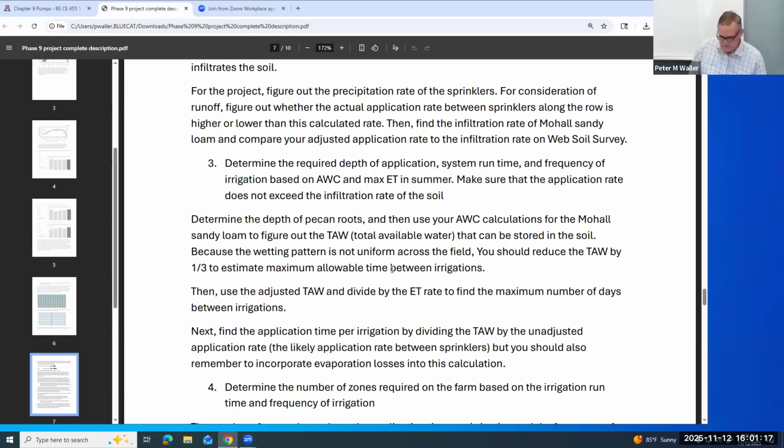So let's say your unadjusted TAW in that direction is 120 millimeters, and you're putting on 8 millimeters an hour, then you would leave your irrigation system on for 15 hours.